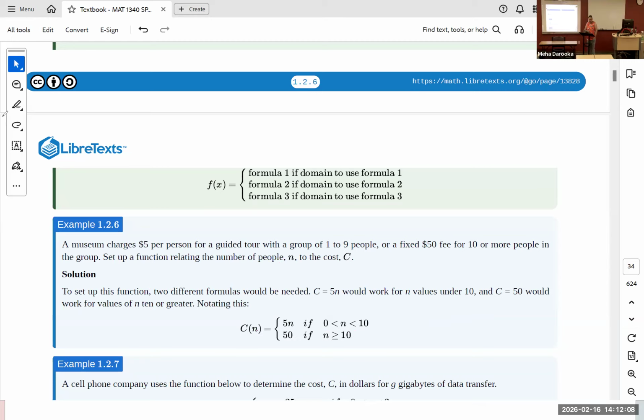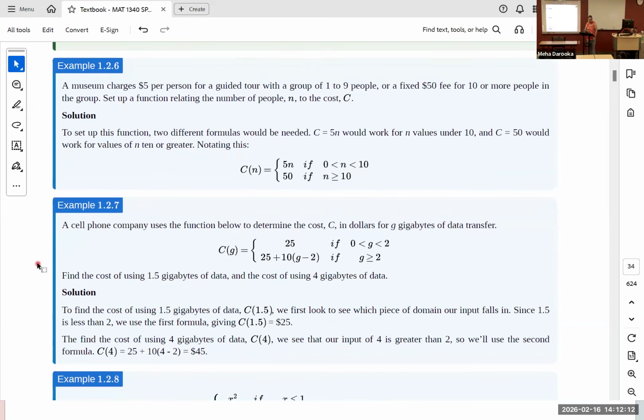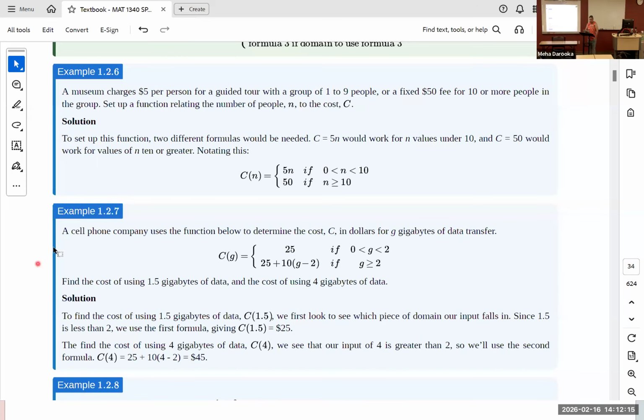Okay, then let's look at our next example here. They are talking about a cell phone company that uses the function below to determine the cost C in dollars for G, which is the gigabytes of data transfer.